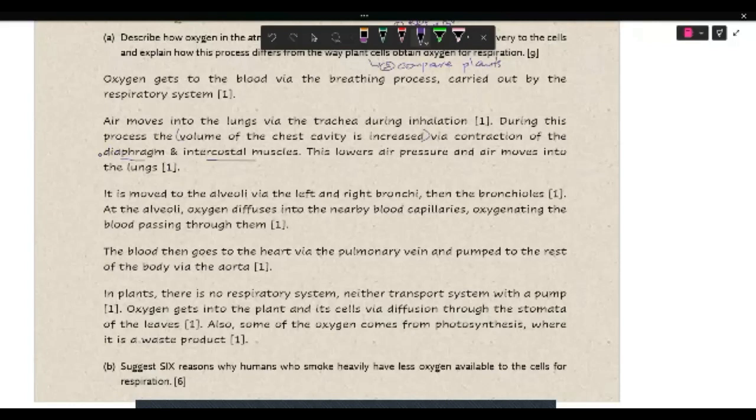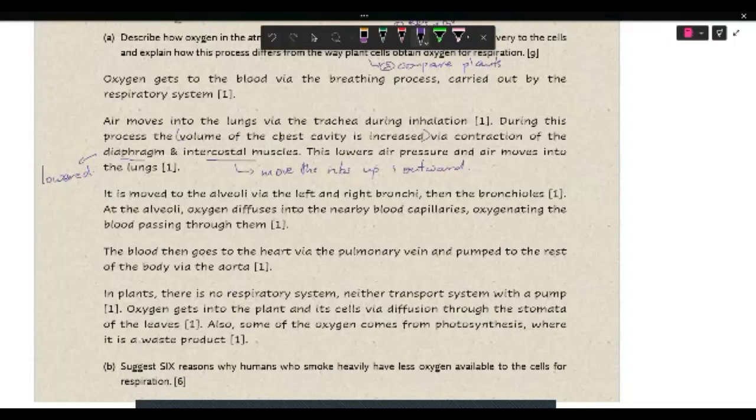Now you can give some details here, describing the action of the diaphragm. So you can say that the diaphragm is lowered, right? And the intercostal muscles, they move the ribs up and outward. Right, so that's another detail you can add.